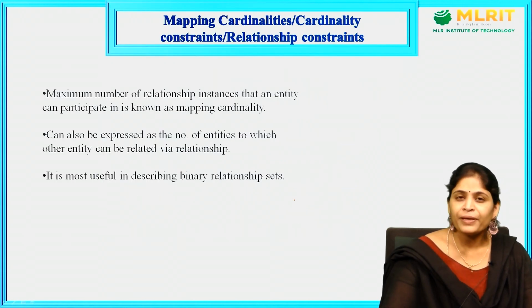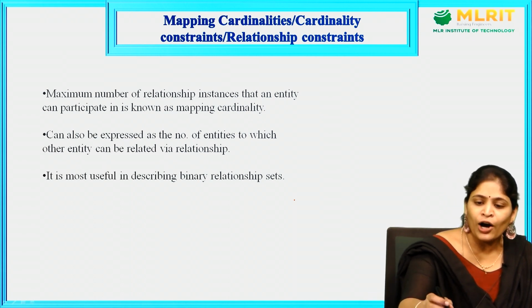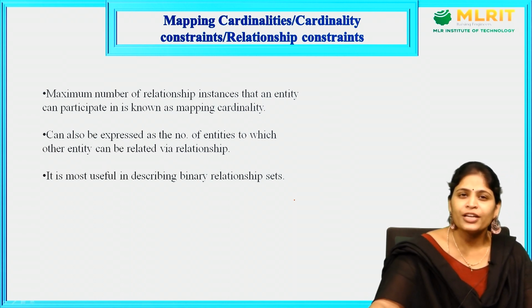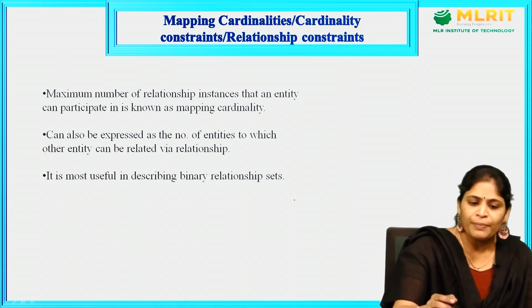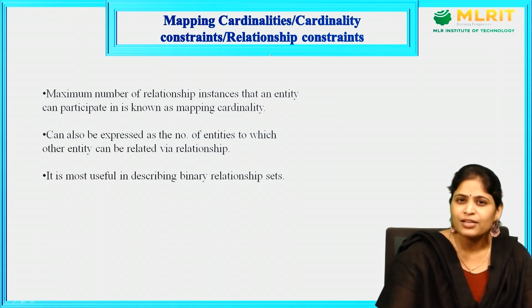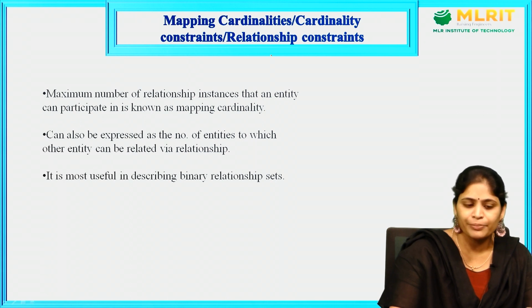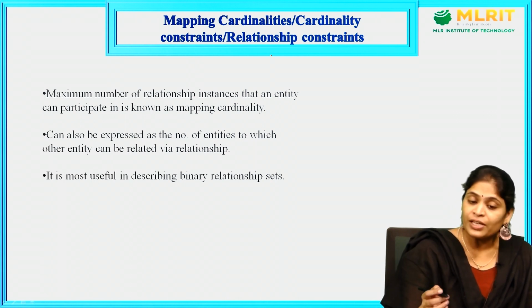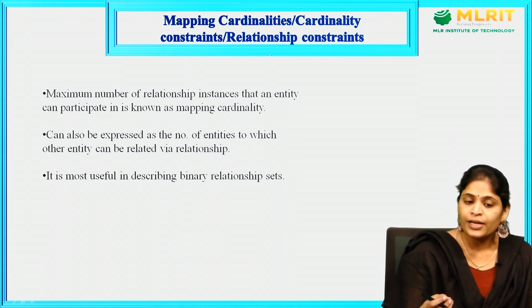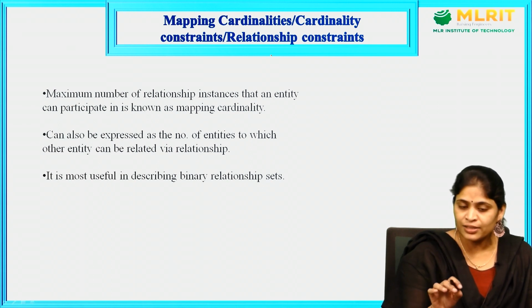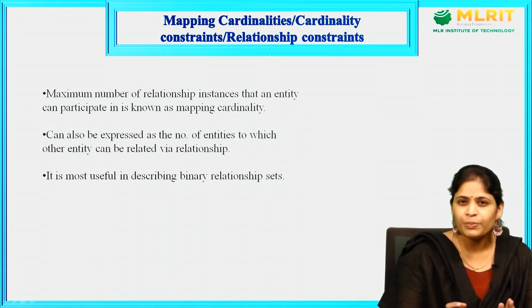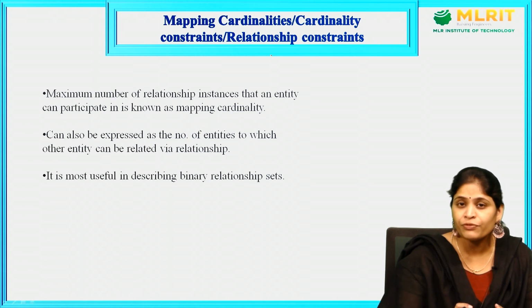Next, mapping cardinalities, or cardinality constraints, or relationship constraints. Cardinality is nothing but a particular number. We can use synonyms like mapping cardinality. I am talking about this in the context of DBMS.